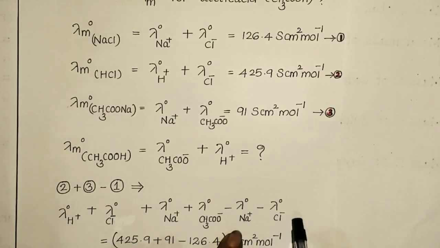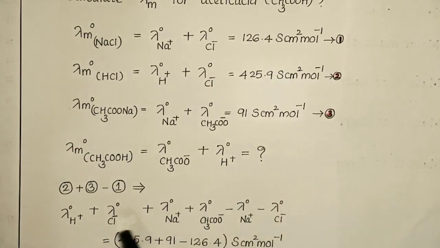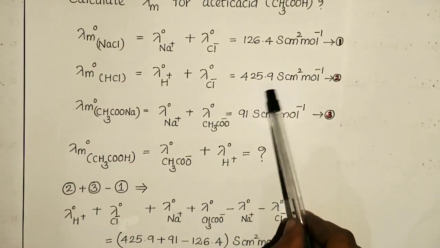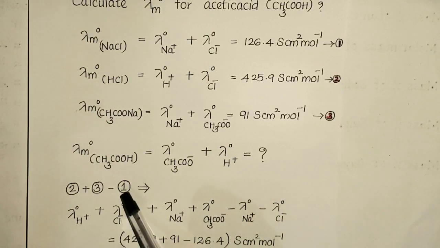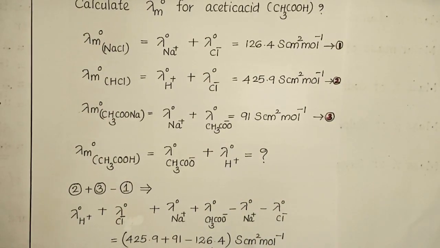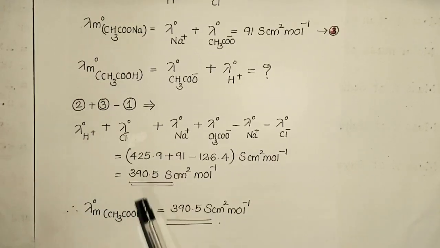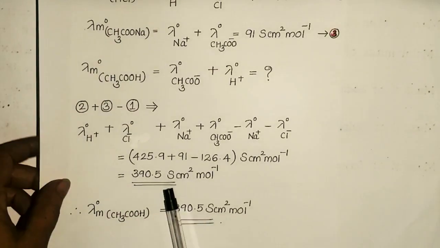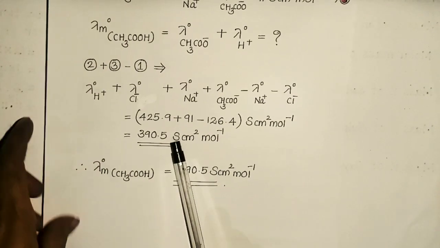On the right side, equation 2 plus 3 minus 1: 425.9 plus 91 minus 126.4 Siemens centimeter square mole raised to minus 1. Then we get the value 390.5 Siemens centimeter square mole raised to minus 1.